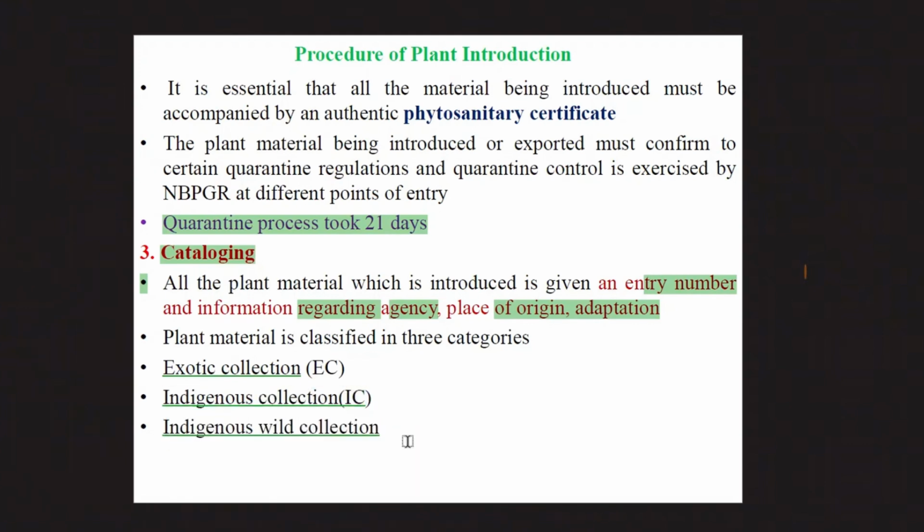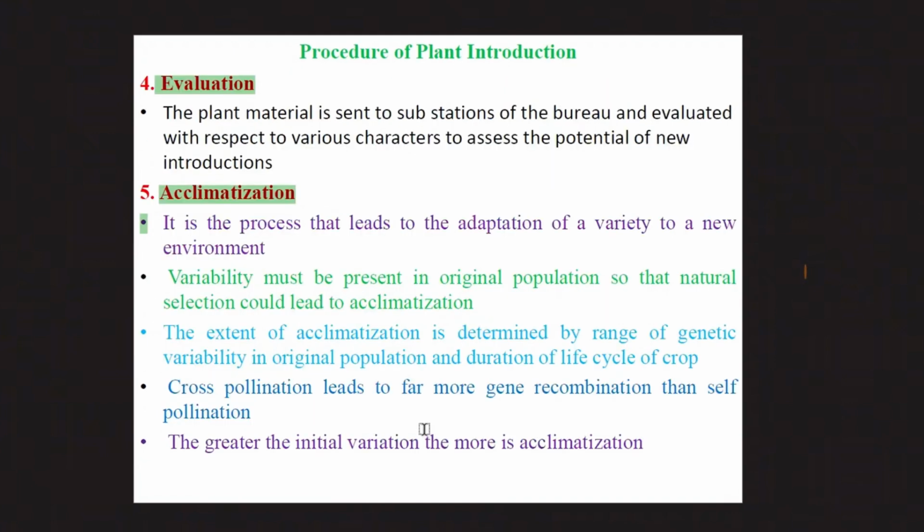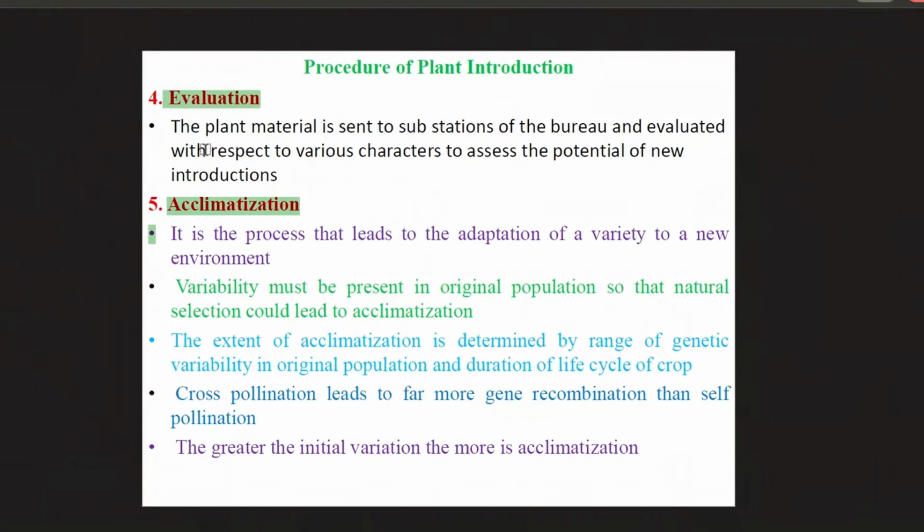And evaluation: after the collection we need to evaluate. For example, the plant material is sent to the substation or bureau and evaluated with respect to various characteristics to assess the potential of the new introduction. And after evaluation, we need to do acclimatization, which is the process of adaptation of the new varieties to the environment.